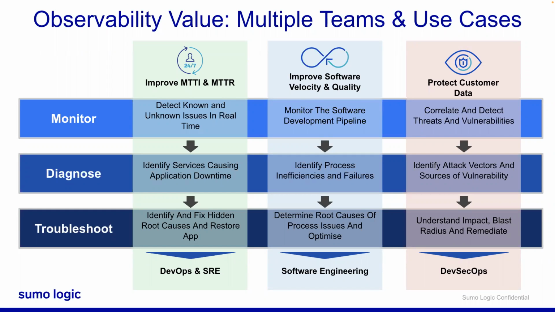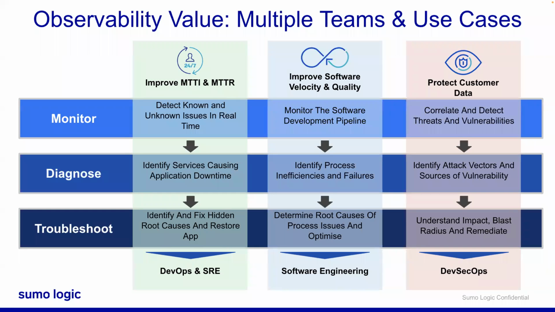What that means is multiple teams and multiple different use cases being able to use the same data in similar ways. Your DevOps and SRE teams are looking to improve their mean time to identify and mean time to resolve, and to detect unknown issues. Security are looking to identify attack vectors and sources of vulnerability.